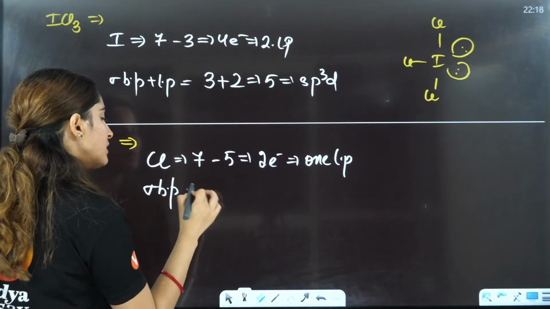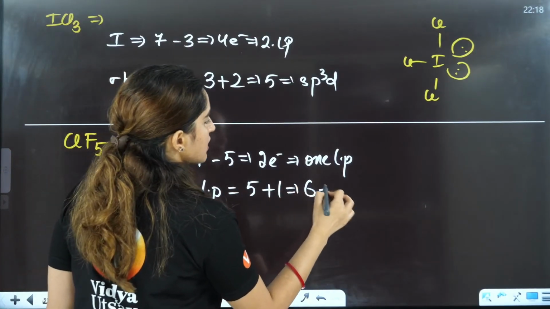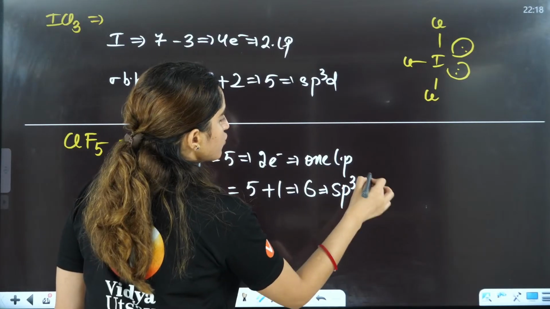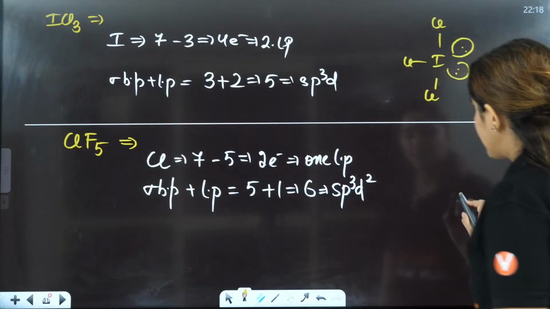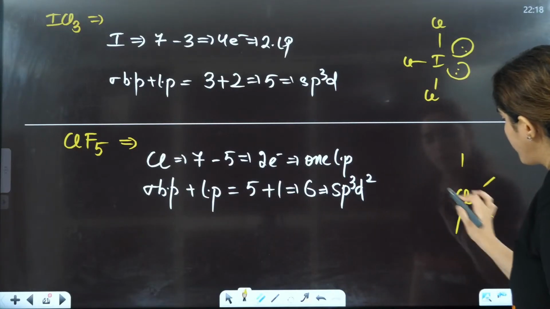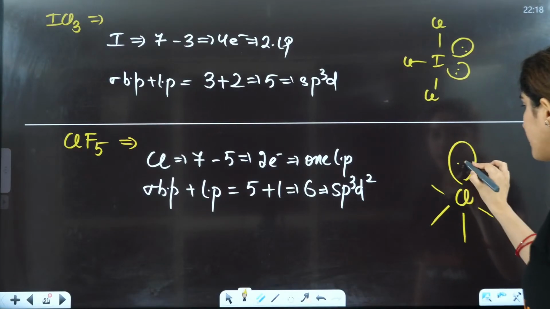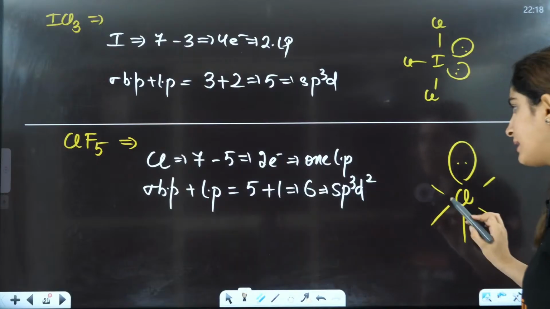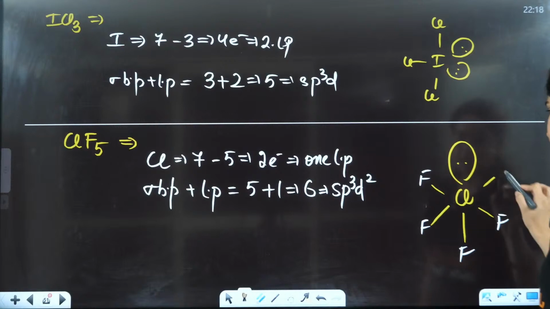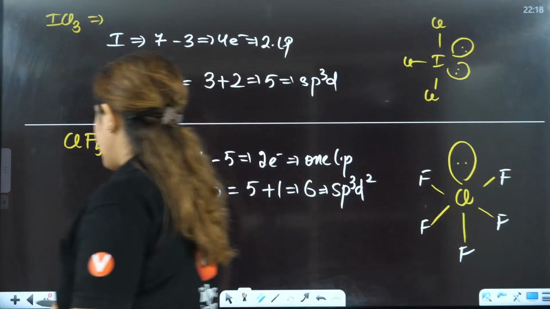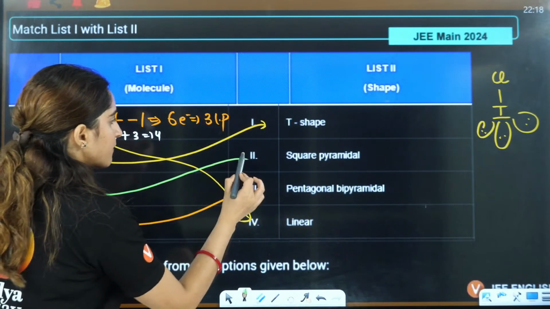Sigma bond pair plus lone pair is going to be 5 plus 1, that is 6. That is sp3d2, that is an octahedral geometry. So we can say this is Cl, this is 1, 2, 3, 4, 5, 6 and you are going to have 1 lone pair, so this can be your lone pair and the rest of them can be the bonds. So can I say this is a square pyramidal geometry, right? That is also written here, square pyramidal.